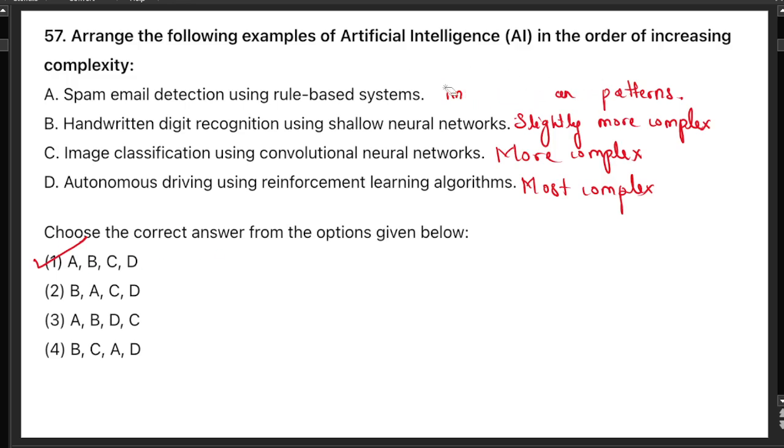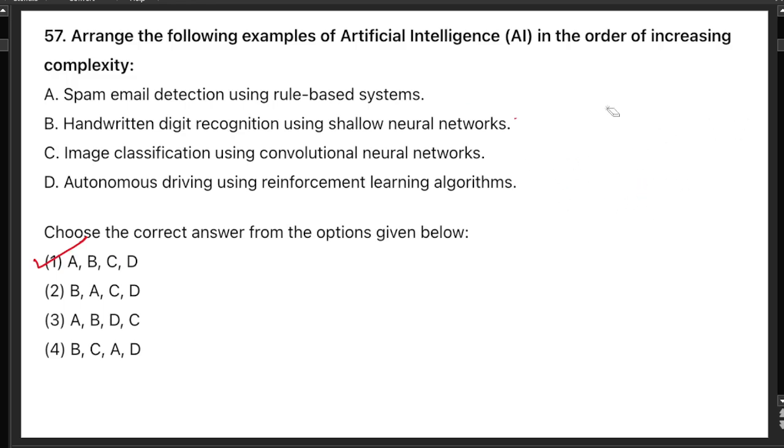So now let me write the explanation why they are more complex, least complex, and slightly complex. So first is because of simple rules and patterns. Second is due to basic neural network usage.